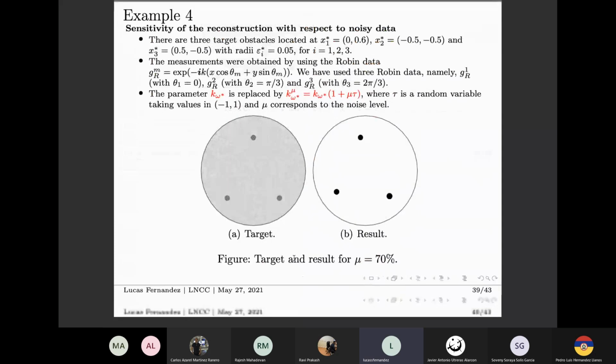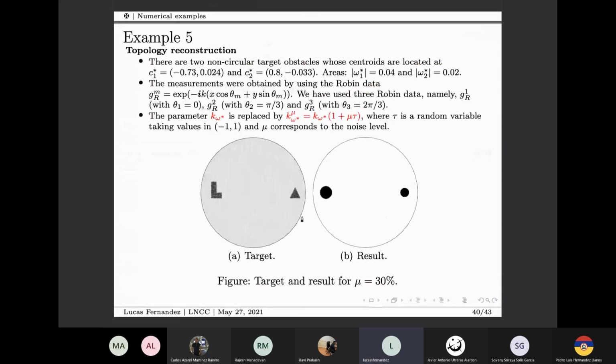This example is very interesting. We reconstructed an L-shaped obstacle and a triangular one from 3 measurements, by using 2 ball-shaped inclusions.